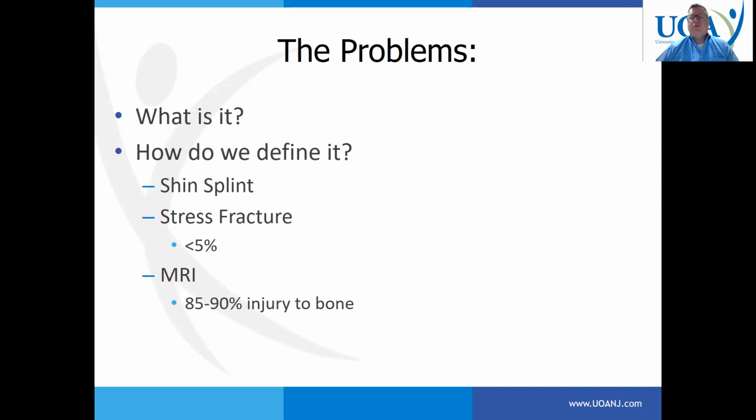And I don't think stress fracture is completely appropriate to call all of them either, because less than 5% of kids with bone stress injury actually show a fracture line on their X-ray or MRI. But with the more routine use of MRI, we do know that 85 to 90% of athletes with shin pain do have injury to the bone.